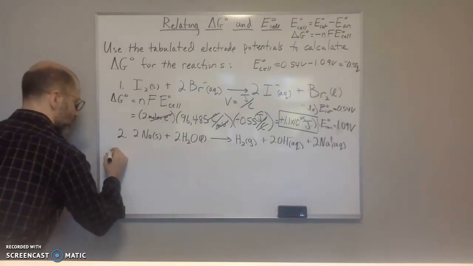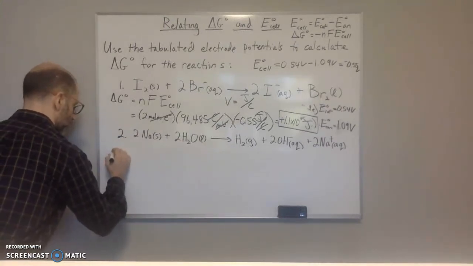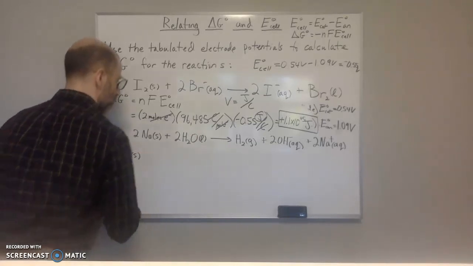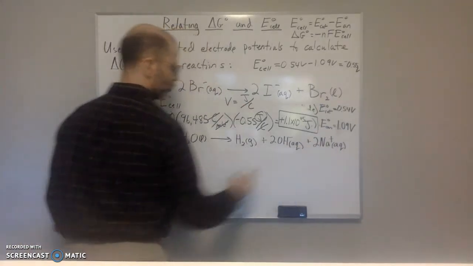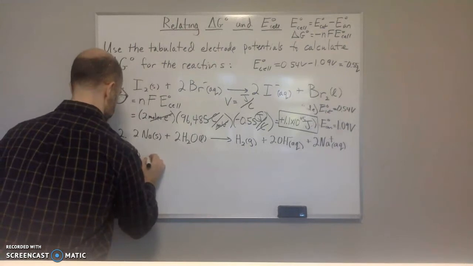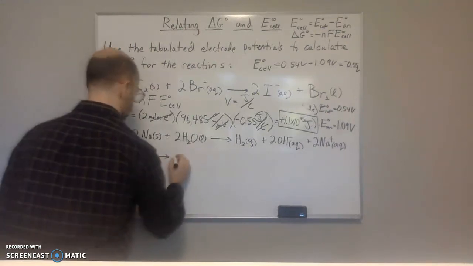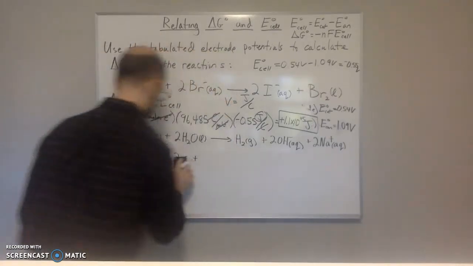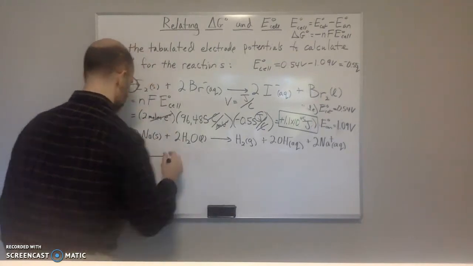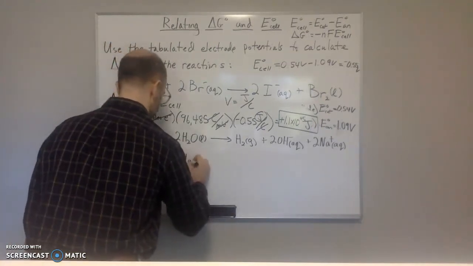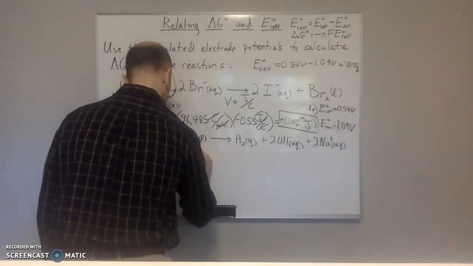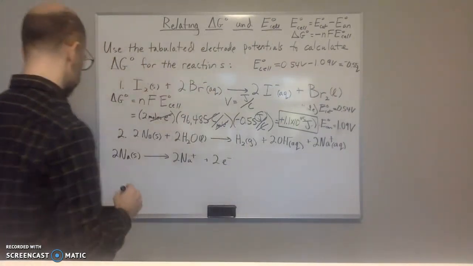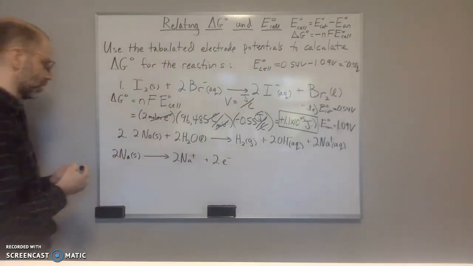The half reaction of sodium: we have solid sodium, so it's going to be 2 Na solid, and that's going to go to 2 Na plus plus 2 electrons. So 2 electrons are being lost.